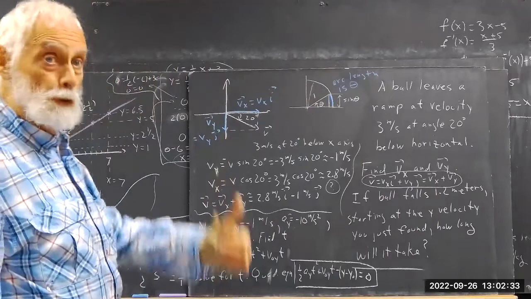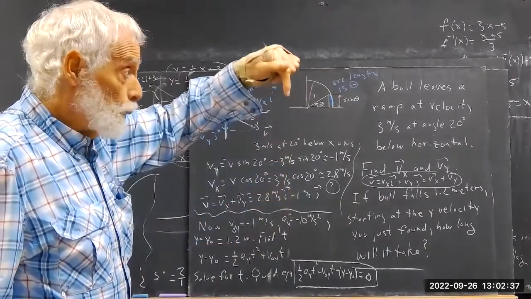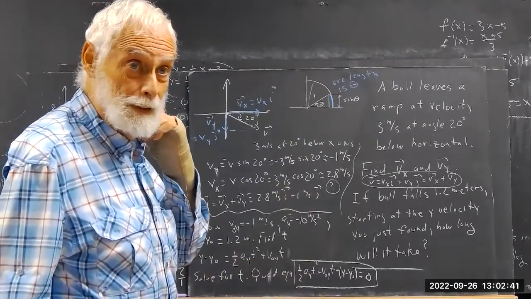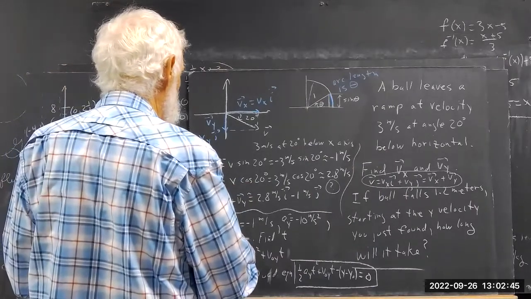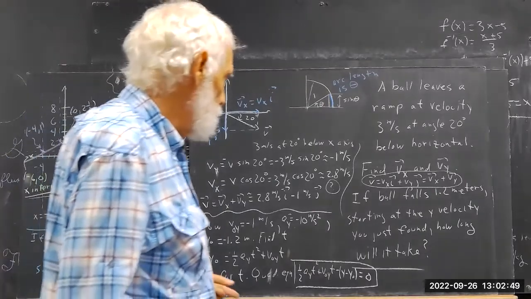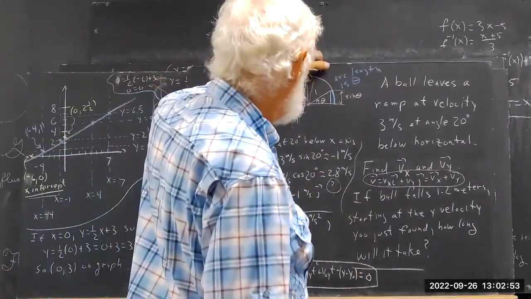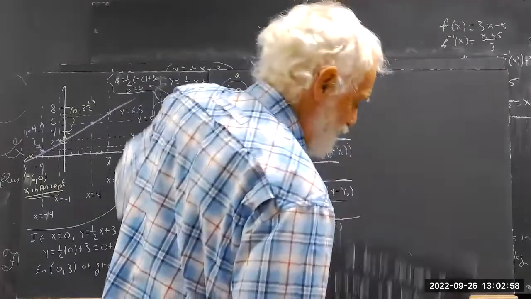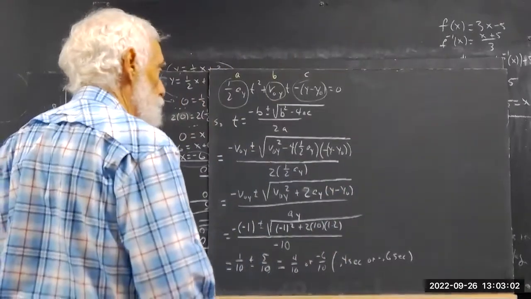If you assume upward is positive, and you don't have to, you could set your y-axis downward if you would, and all these quantities to be positive. But your y minus y naught is negative 1.2. So I was careless here, and I wasn't thinking, and that's always a mistake. That's kind of a bonehead thing.